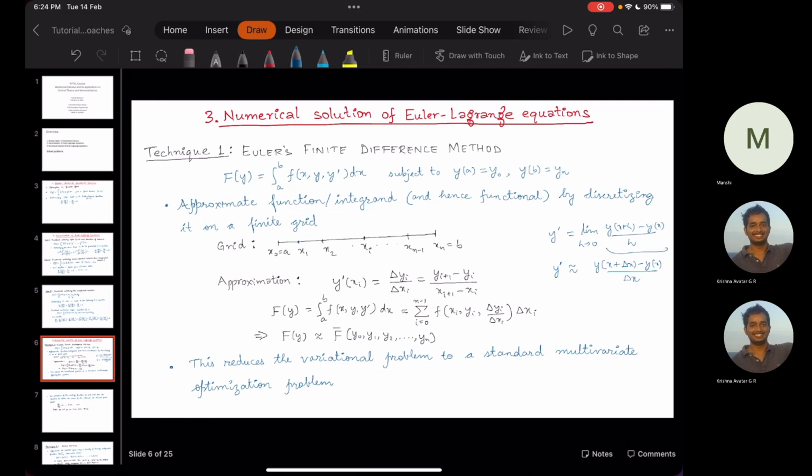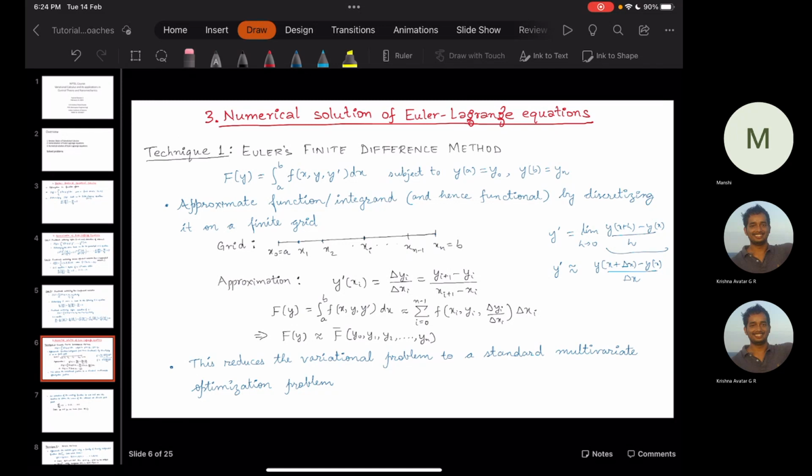Over the interval a to b, we had infinite points, but now what we are doing is taking the values in the domain at certain points, which are also called grid points.